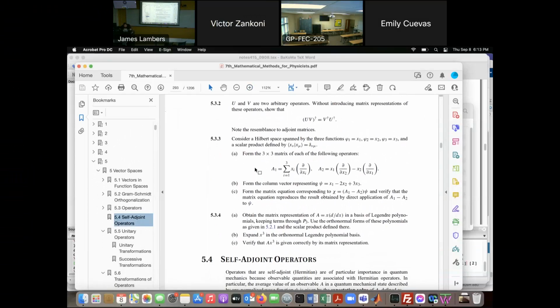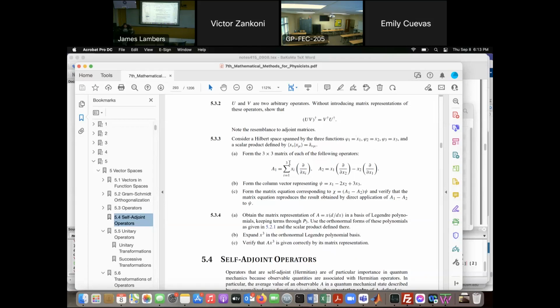Okay, so the idea is, you have these three functions, x1, x2, x3, corresponding to your three independent variables.